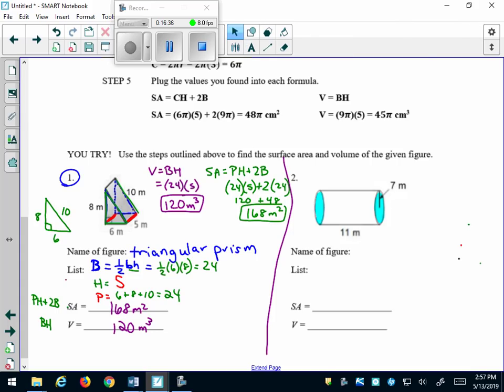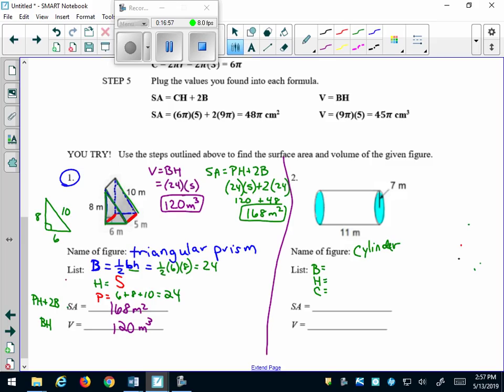Okay, so obviously these bases are both circles because we have a cylinder. We're going to make our list. Capital B, capital H, C instead of P this time because it's circumference instead of perimeter. And this shape is a cylinder.